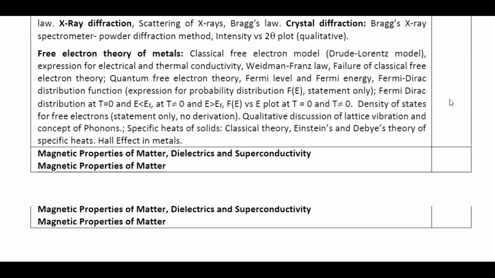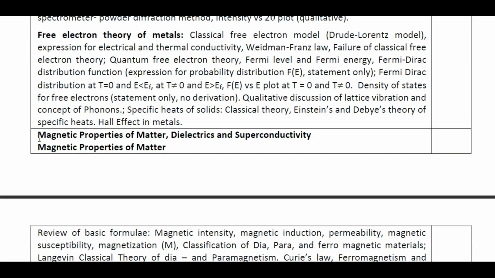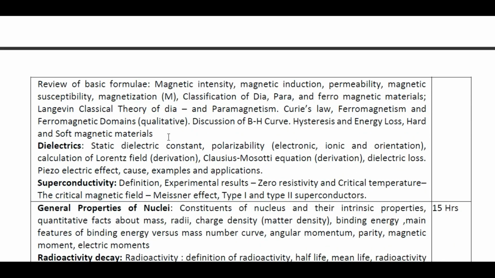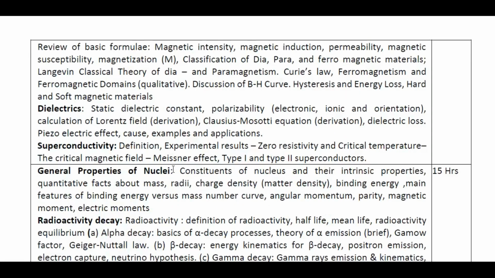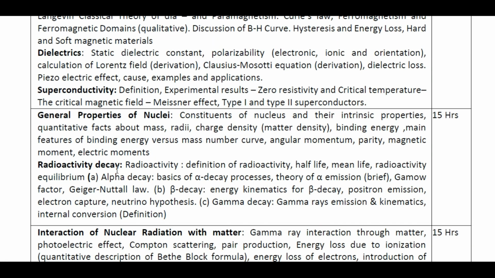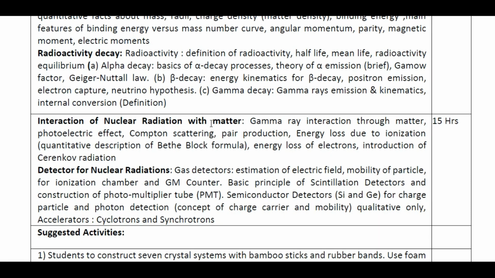This is the second unit, magnetic properties of matter and dielectrics and superconductivity. The third unit is on general properties of nuclei and radioactive decay. The fourth unit is on interaction of nuclear radiation with matter, and detectors for nuclear radiations.